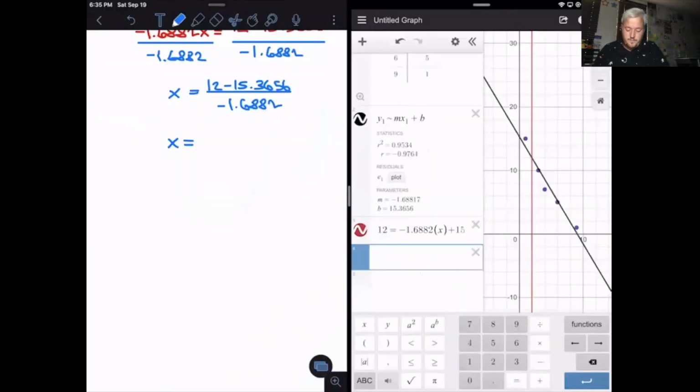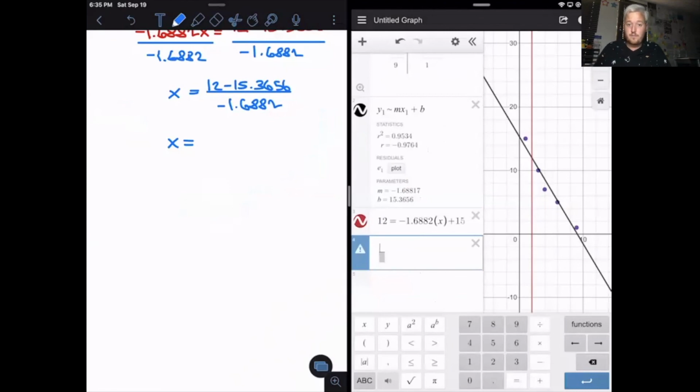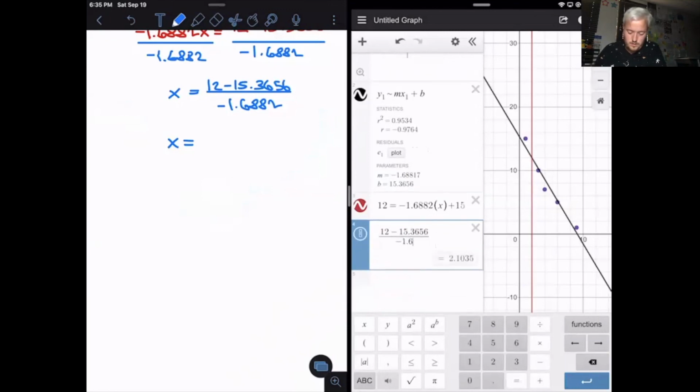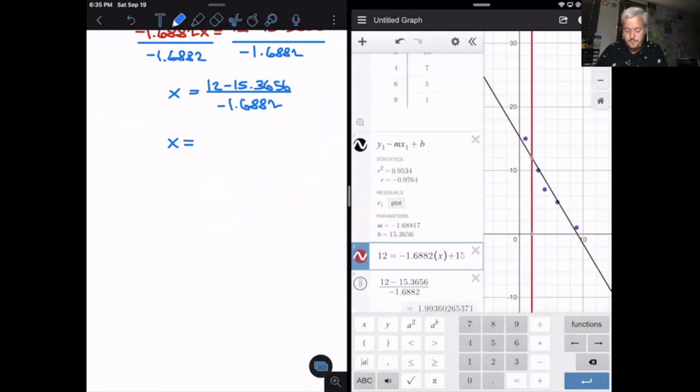Over here, I'm going to do the division sign so that I open up a fraction. So 12 minus 15.3656. Nope. Nope. There we go. Over negative 1.6882. It actually gives you a better value when you do that.